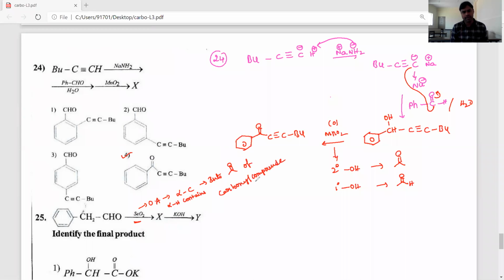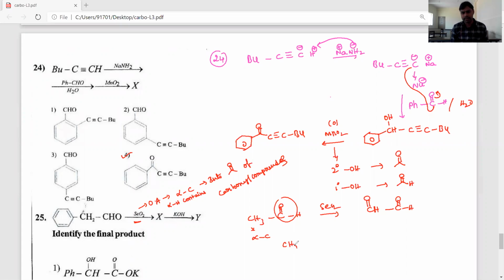Okay, selenium dioxide. Selenium dioxide means especially, for example, C=O bond CH3. This is the alpha carbon. This alpha carbon has a carbonyl group. SeO2 oxidizes this alpha carbon into C=O, so it becomes CHO-CHO.